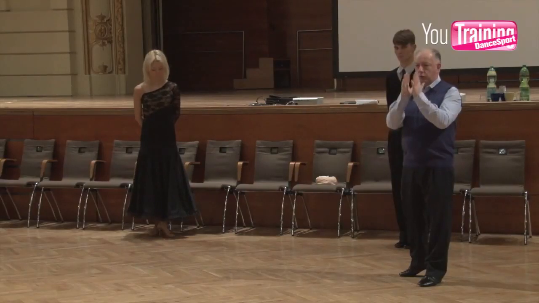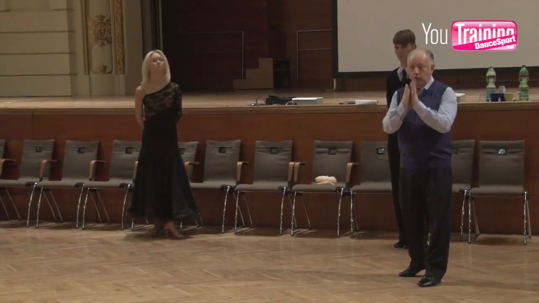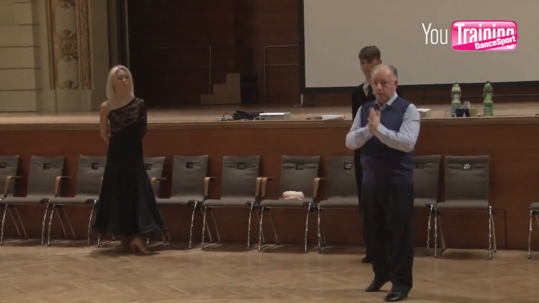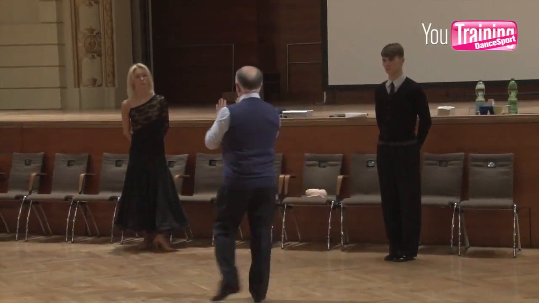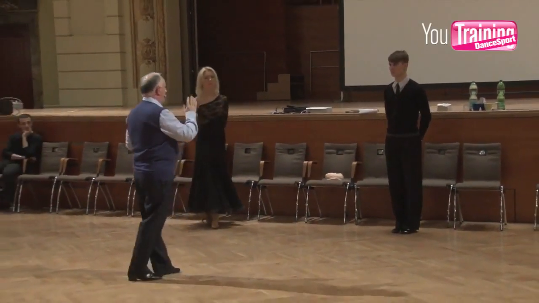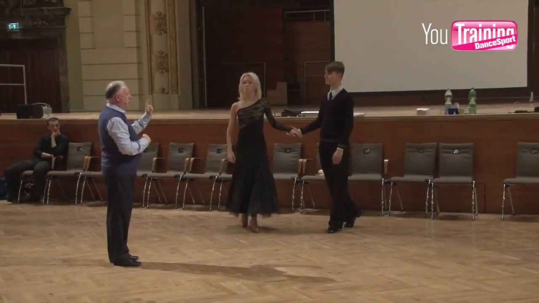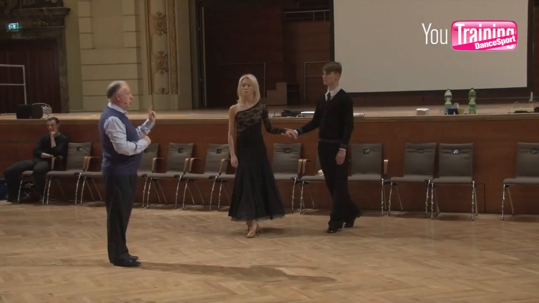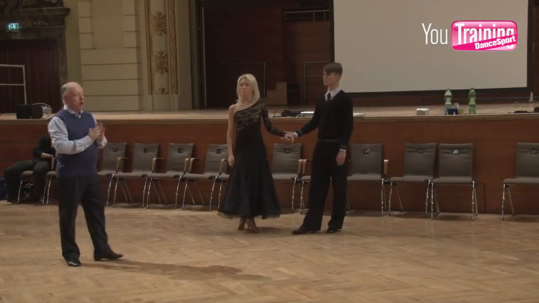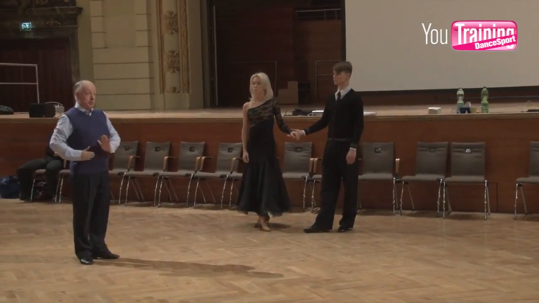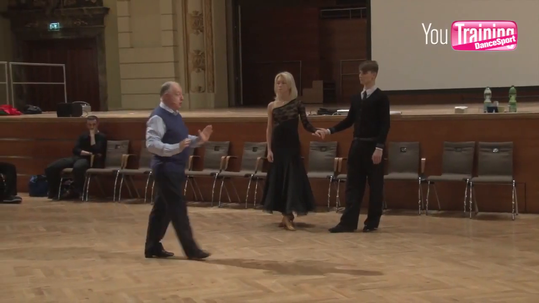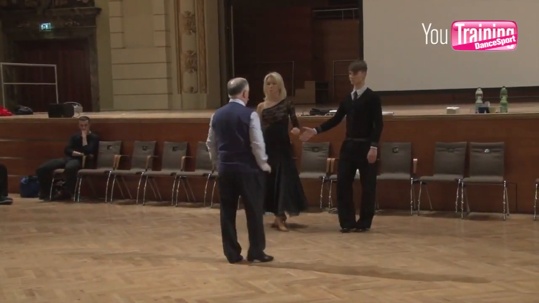We will connect the bodies first of all. We'll talk a little bit about the connection before we enter into the movement. So we'll ask Olga and Dima just to set up the frame. This is one feature I want to talk about, especially for foxtrot, because in foxtrot we dance a lot outside partner. To produce this, Dima, let me dance with you for a moment.